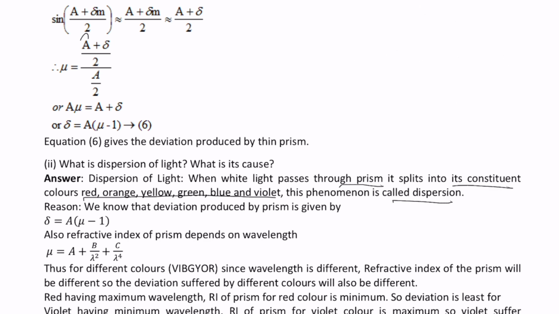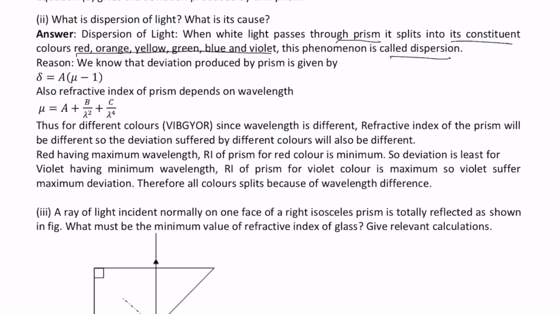So I have stated clearly that we neglected higher terms, because as we proceed, the next power of lambda is lambda to the power 4. Lambda is of the order of 4000 angstrom to roughly 8000 angstrom. This is the wavelength spread of visible light.